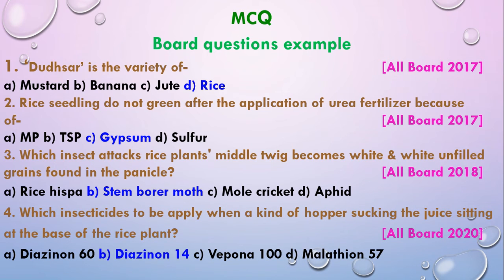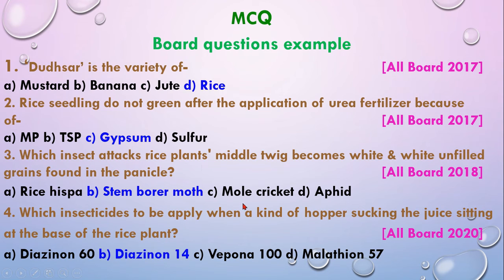Next question from 2020: which insecticide is to be applied when a kind of hopper is sucking the juice sitting at the base of the rice plant. Answer will be diazinon 14.